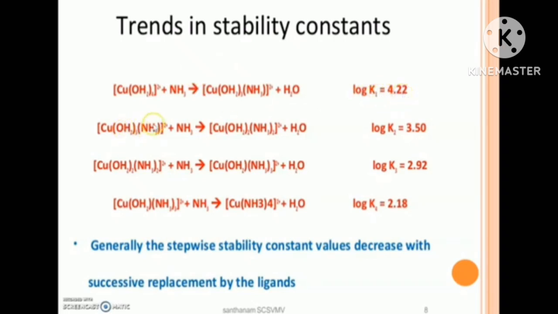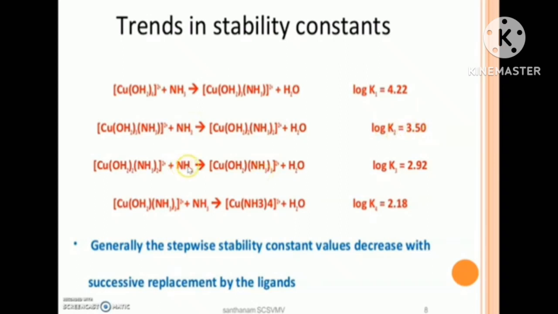And in the next step, the next NH3 molecule replaces a water molecule, forming [Cu(H2O)2(NH3)2]2+, and one water molecule is again eliminated, and here the stepwise stability constant is K2, and the value of log K2 is equal to 3.50.